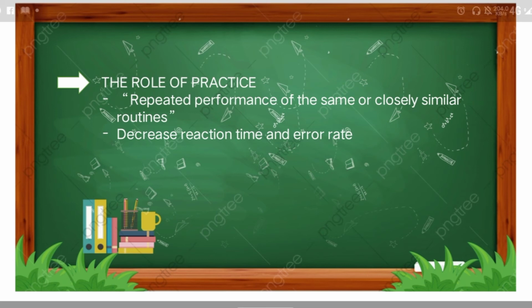So according to skill acquisition theory, declarative knowledge can be transformed into procedural knowledge through meaningful practice over trials. But first, let us define practice. Practice is a repeated performance of the same or closely similar routines.